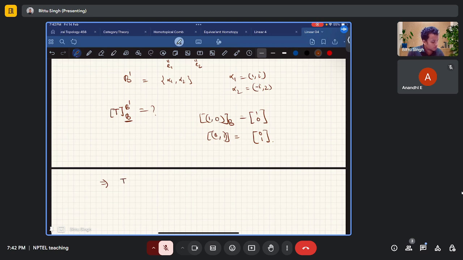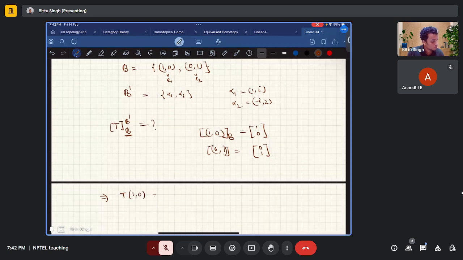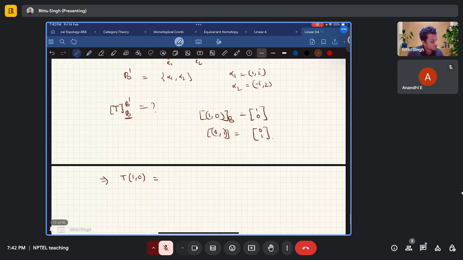So let me write in this way: T applied on 1 0 is the projection on the first coordinate, it is 1 0, and similarly T applied on 0 1 is the first coordinate projection, which is 0 0.